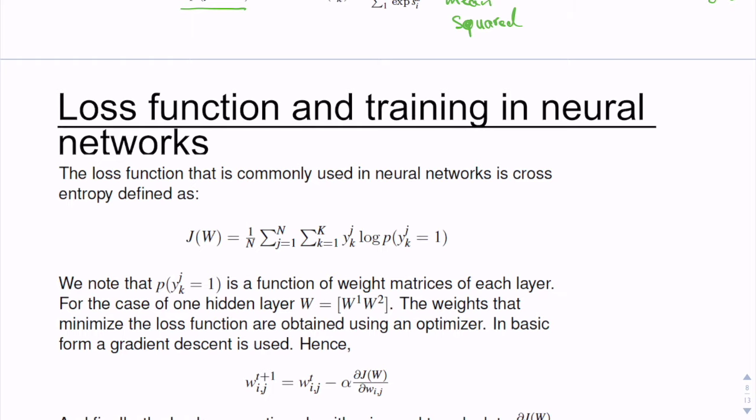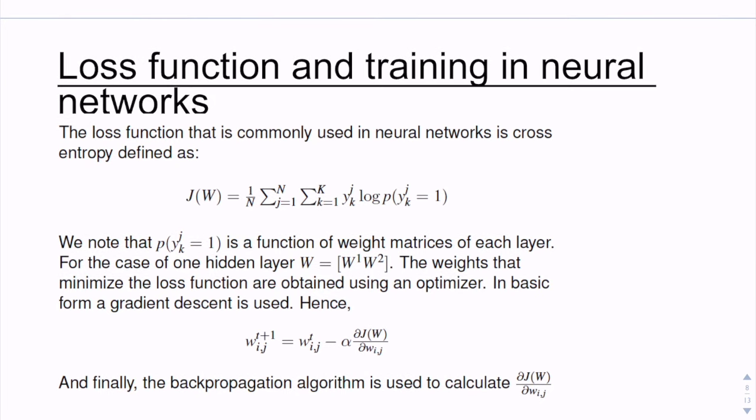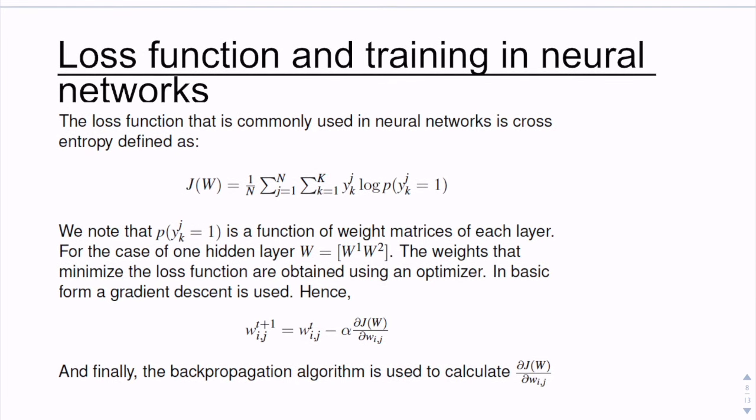Okay, so the loss function we are using here: because the output of the neural network is a probability, instead of using the mean square error cost function, which tries to minimize the difference between the actual label and the predicted label, we now have a probability.